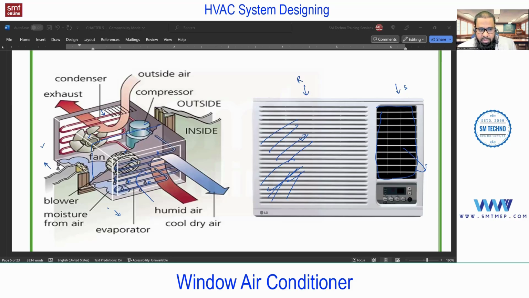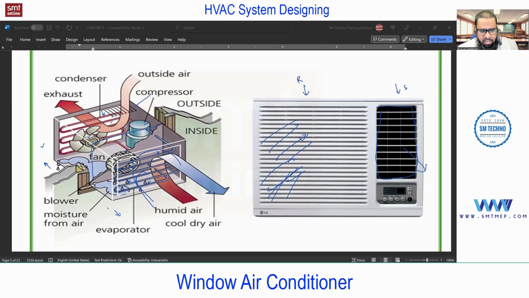Okay, so you see this section, in this section the room air circulates, and in this section the air is sucked from outside and thrown on these what? Condenser coils to reject heat by using the outside air. And it is rejecting to outside only. And while rejecting the heat from the condenser, you know the process. The refrigerant will change its phase from vapor to liquid. You know the process, I'm not explaining again.